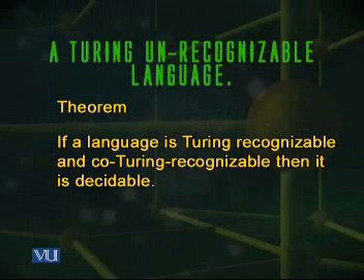We want to prove the following theorem. If a language is Turing recognizable and co-Turing recognizable, then it is decidable. So if you can establish that a language is Turing recognizable and that its complement is Turing recognizable, then you can conclude that the language is actually decidable.